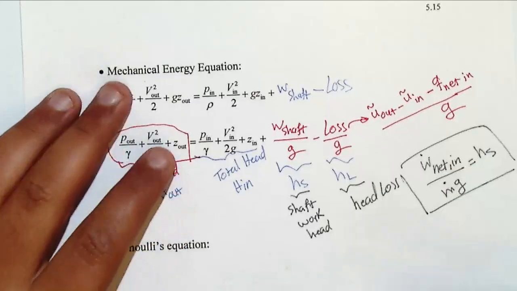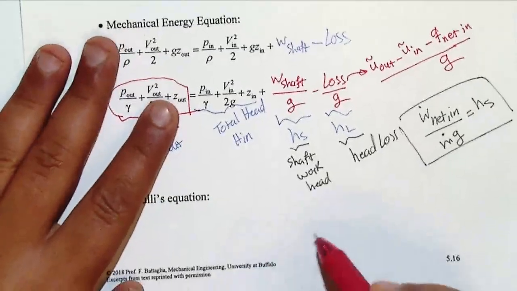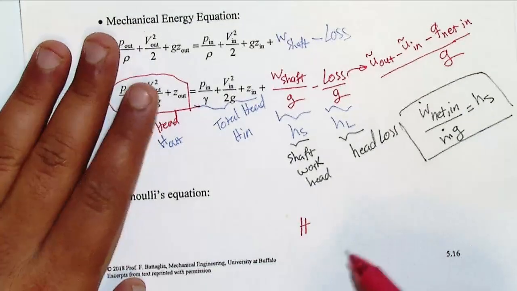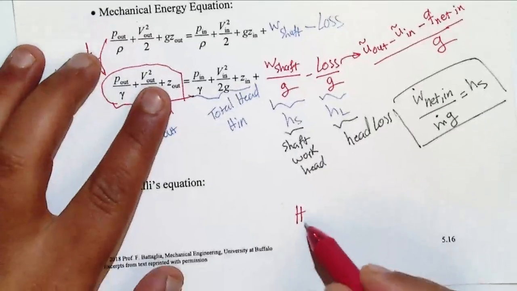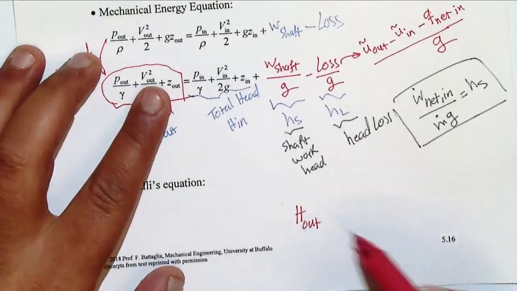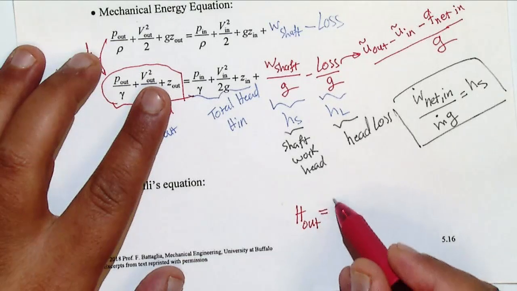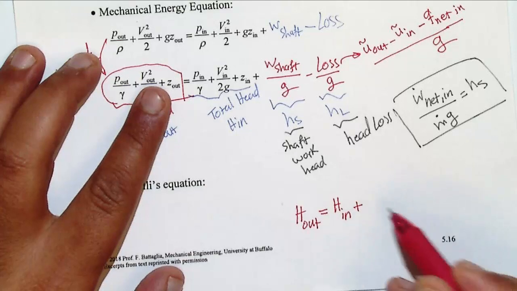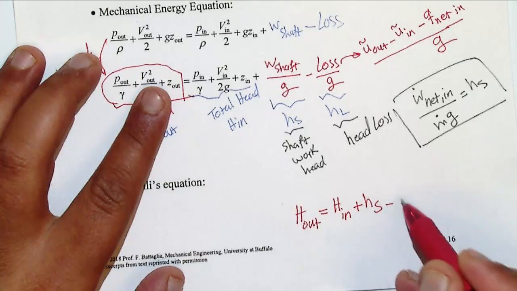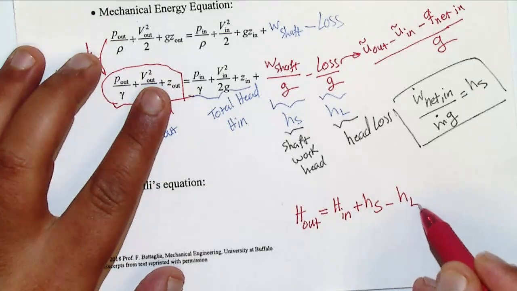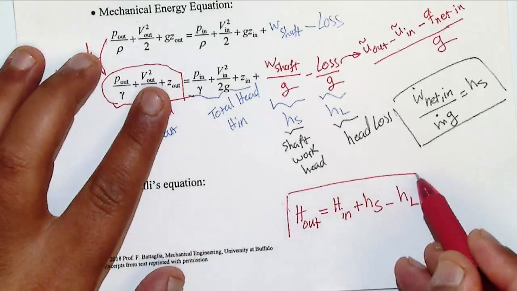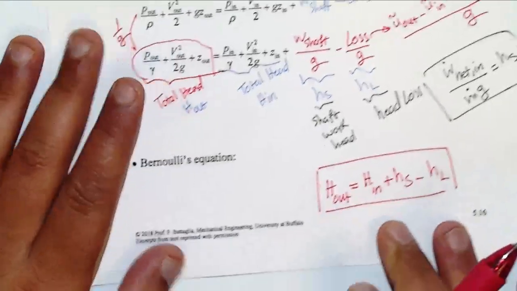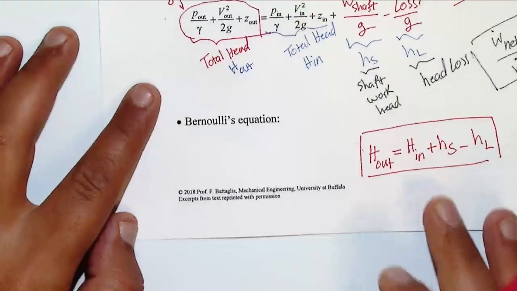So let's summarize all together and write down our final equation. H, or total head out, has to be equal to total head in plus the shaft work head minus the head loss. And what about Bernoulli?